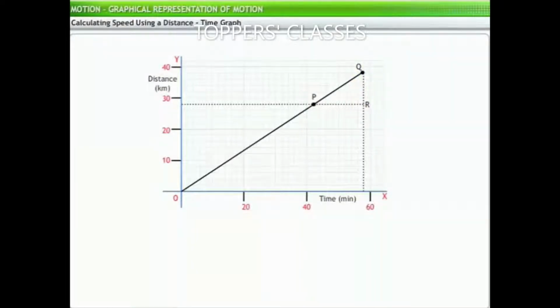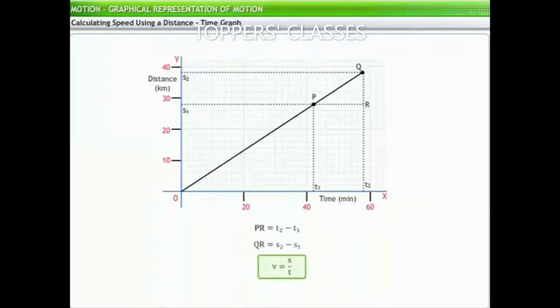You can see from the graph that as the object moves in time interval t2 minus t1, the distance it covers is s2 minus s1. By definition, speed is the ratio of distance covered to the time taken in covering that distance.